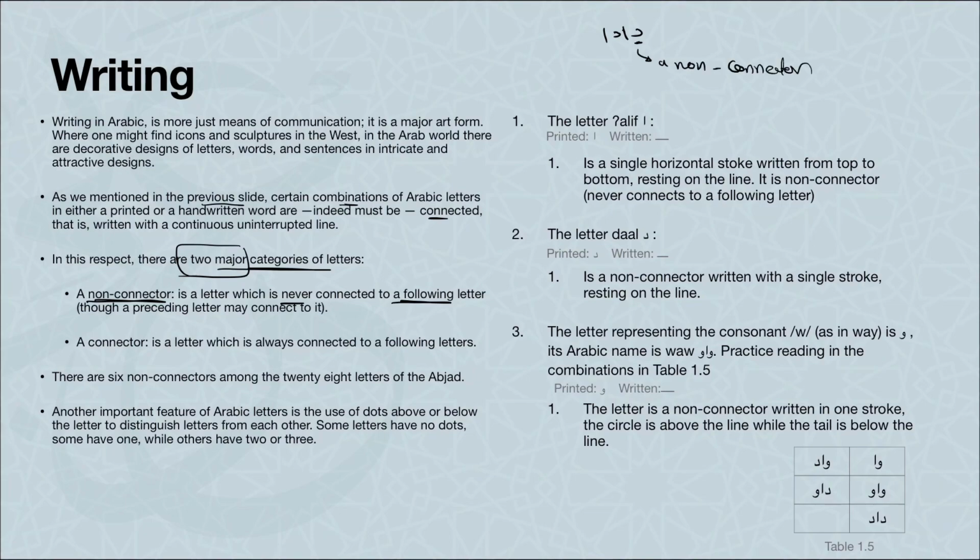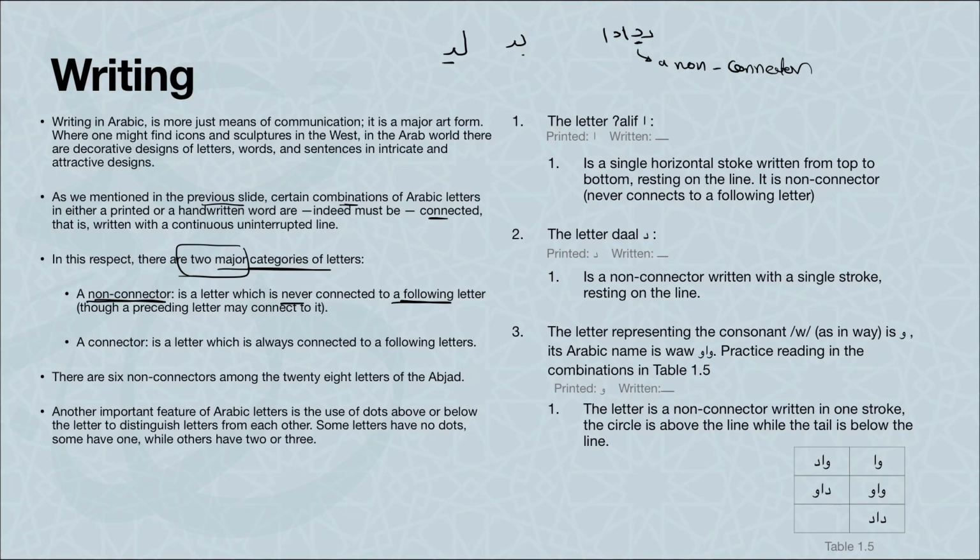It is a non-connector. But there's a thing. The non-connectors don't connect to anything after, but they follow things, or things can attach to them. I can write, these are different letters, but you see that the dal has attached to the one before it, but never attached to the one after.